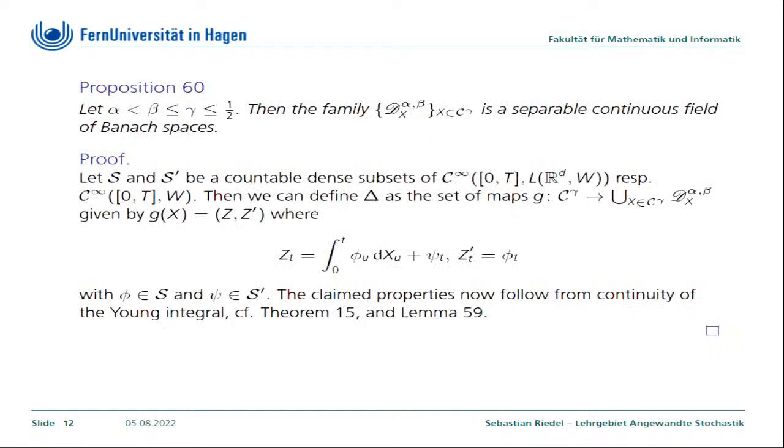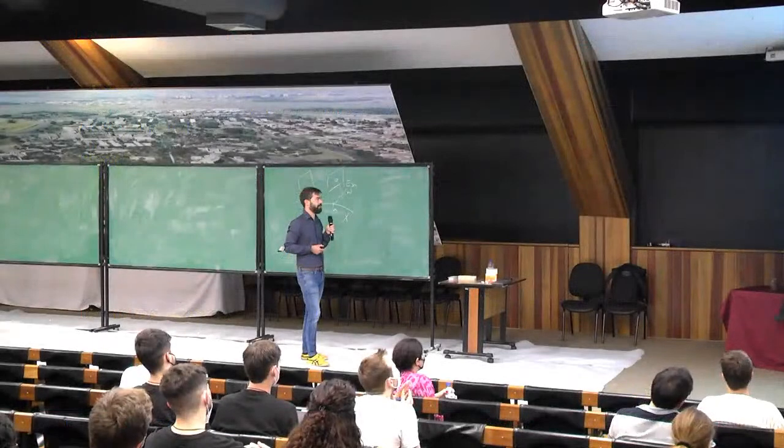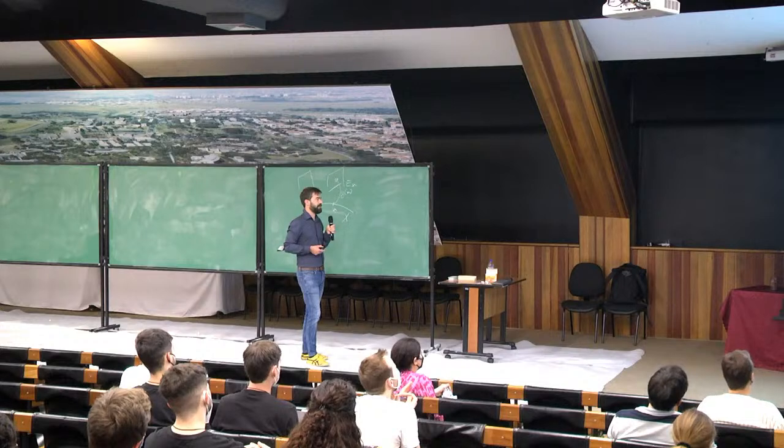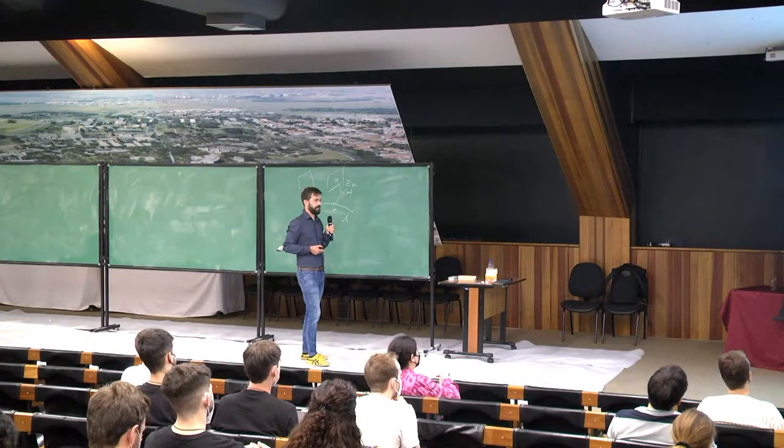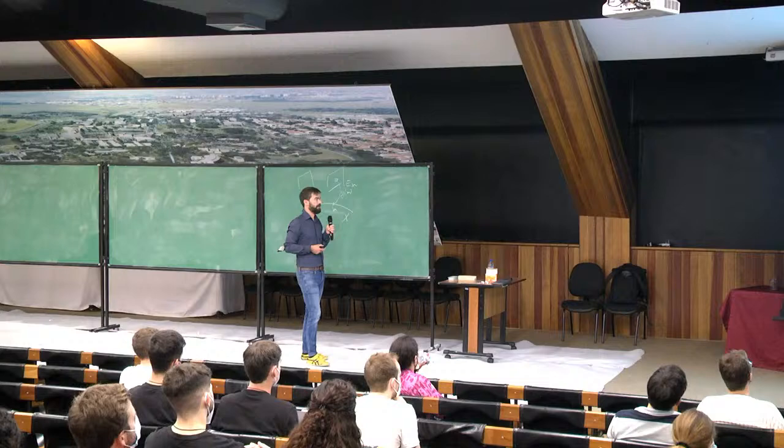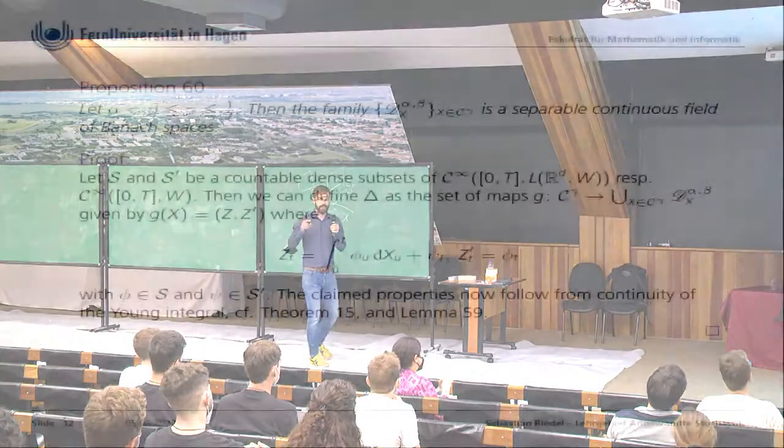So this proposition tells you that indeed it is separable. You have a separable continuous field of Banach spaces, but the thing is that we have to keep in mind that we have different Hölder exponents here. We have a gamma, which is the regularity of the paths that are indexed here, and we have a beta, which can be equal to gamma, but it's important that we have an alpha that is below.